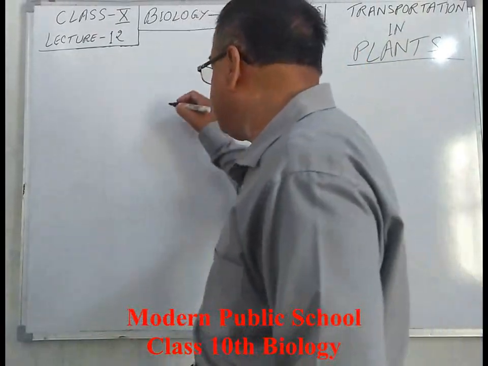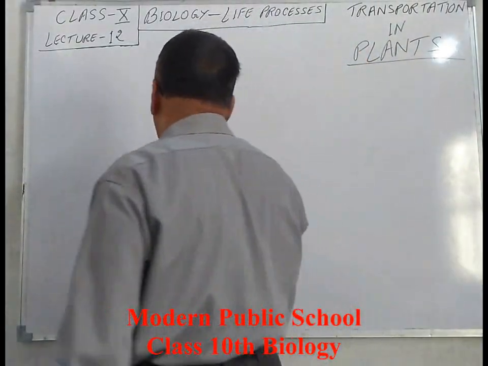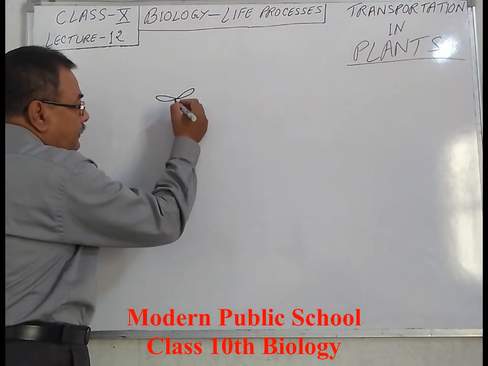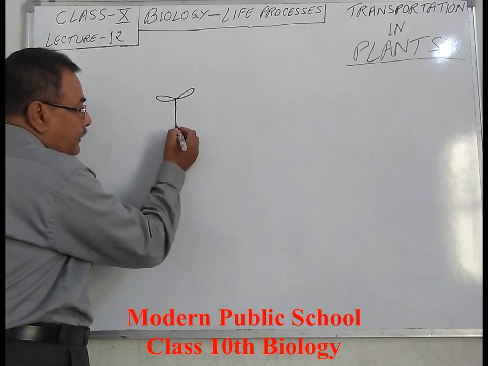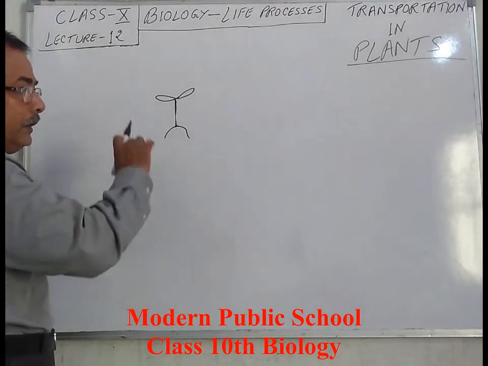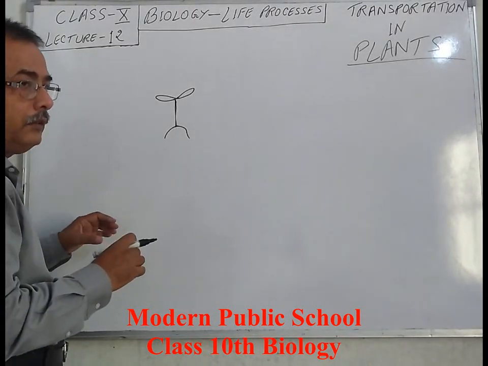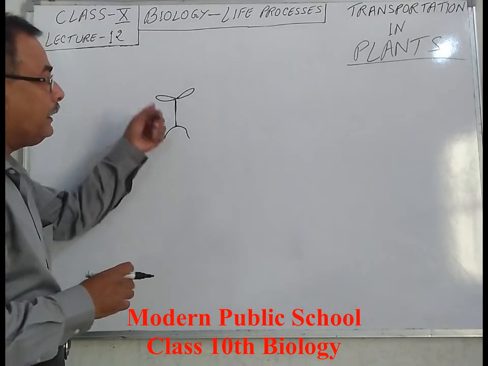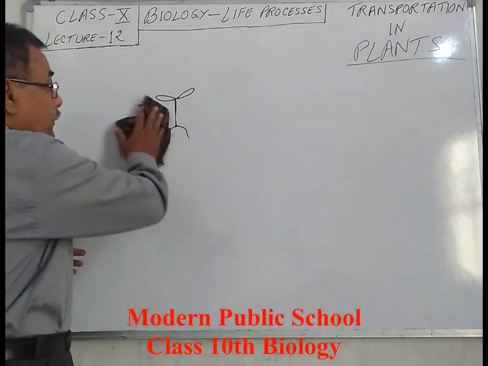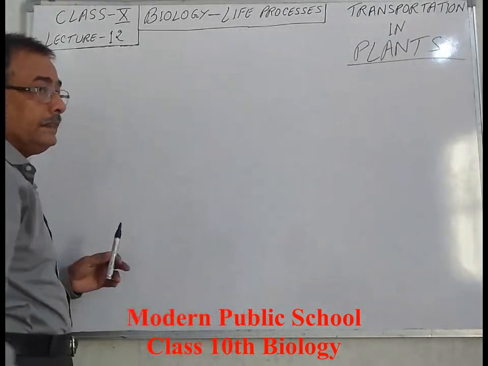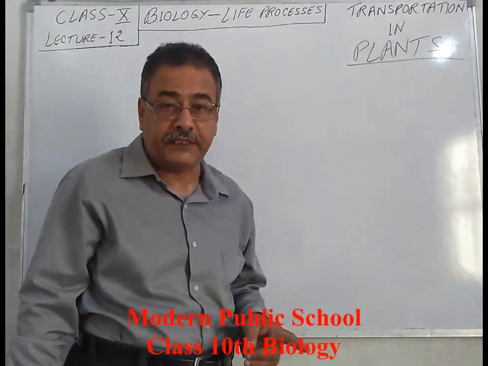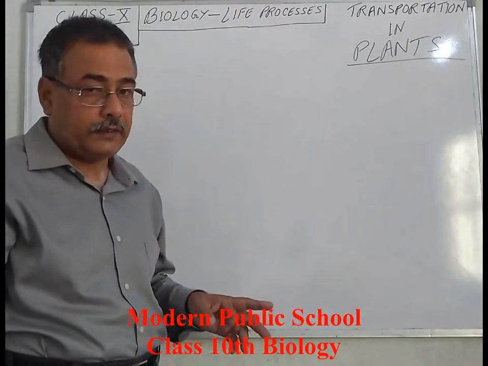If the distance between chlorophyll containing organs and the organs which are in contact with the soil is very small, then through simple diffusion the materials can be transported. Diffusion, as we have seen, is the process of movement of ions or molecules from an area of its higher concentration to an area of its lower concentration.